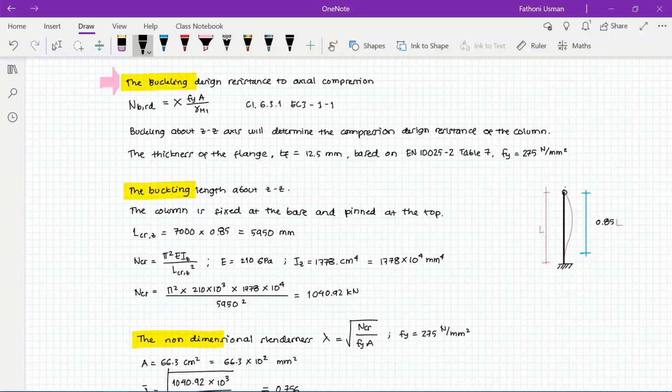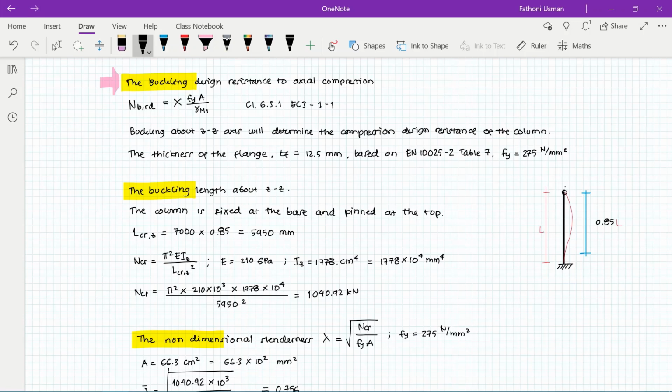the design resistance to buckling, that's NbRd, buckling design resistance to compression of the column, is determined by the buckling about z-axis. Buckling about z-axis will determine the compression design resistance of the column, because the z-axis is the weakest axis.